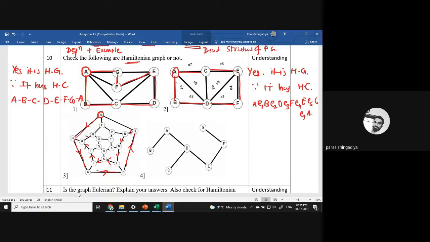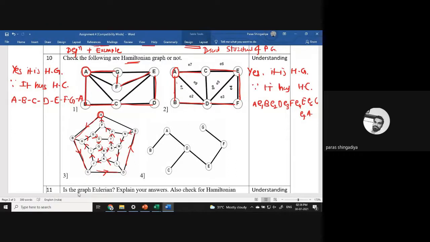From H reach to the place G, and now from G we will cover the inside edges. We will move to the inside. So G to O, O to Q, Q to R, R to S, S to T, and from T you have to exit. From T you will reach to the vertex P, and from P you will reach to F, and from F you can reach back to the starting place.